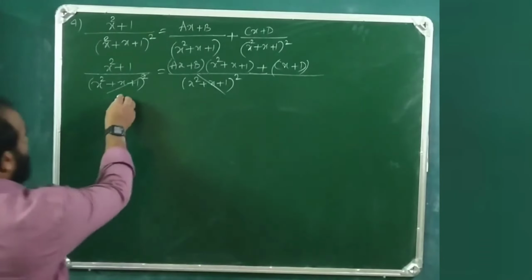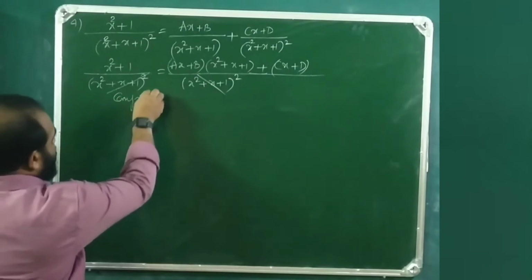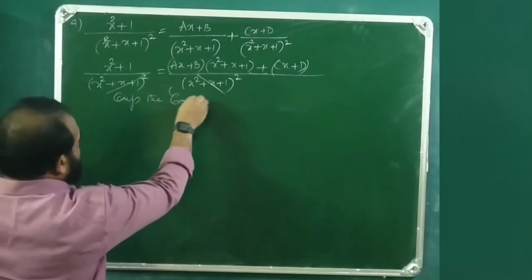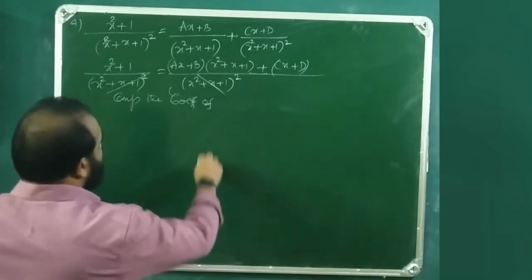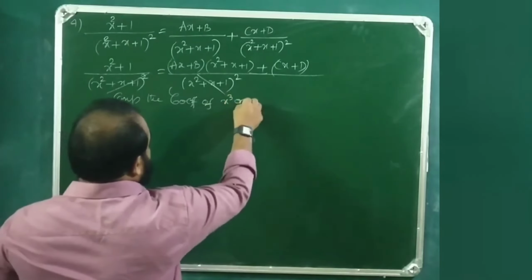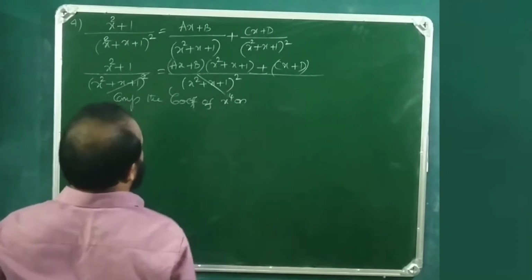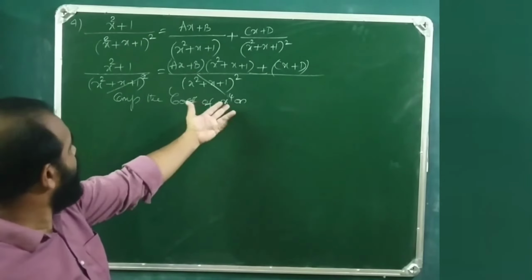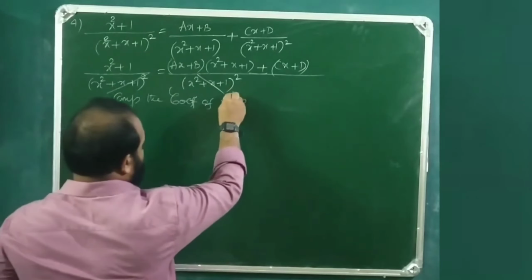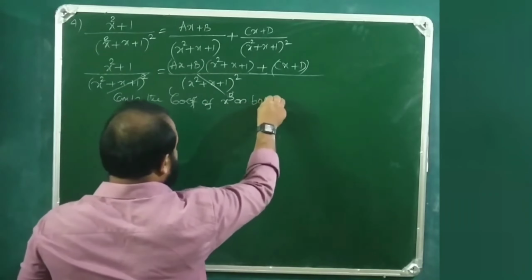So comparing the coefficients of x cube on both sides. We don't have any x power 4, so x cube I'll take on both sides.